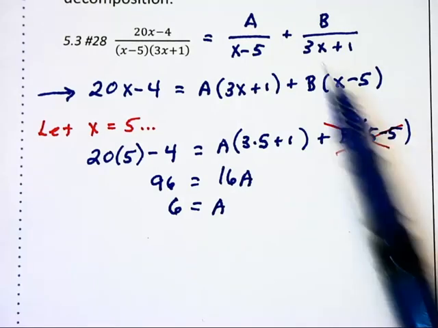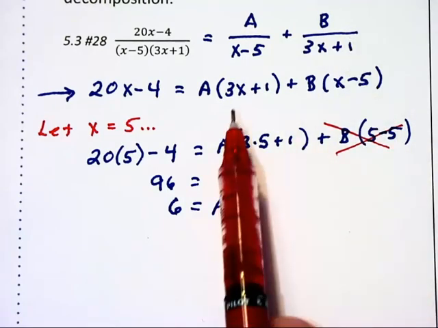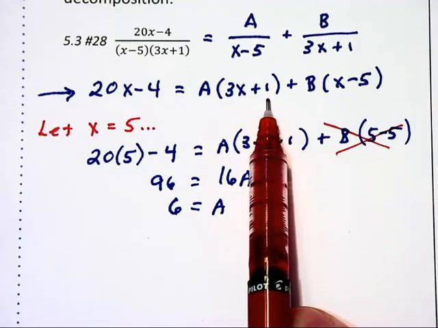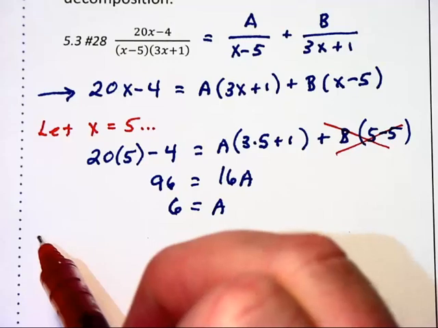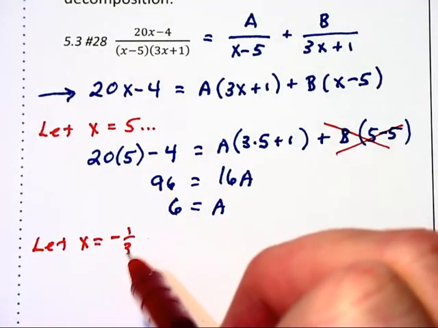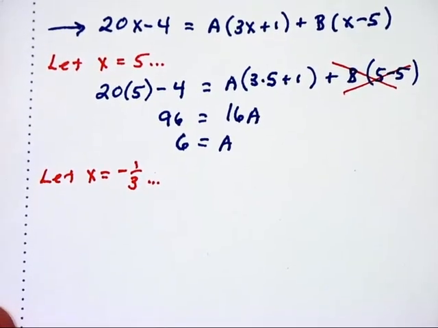Now we need to find out what B is, and I want to go back and choose another value for x. The easiest choice, which will zero out this parentheses, is negative 1/3. So I'm going to say let x equal negative 1/3. Let me move this up here so we can see that top line.